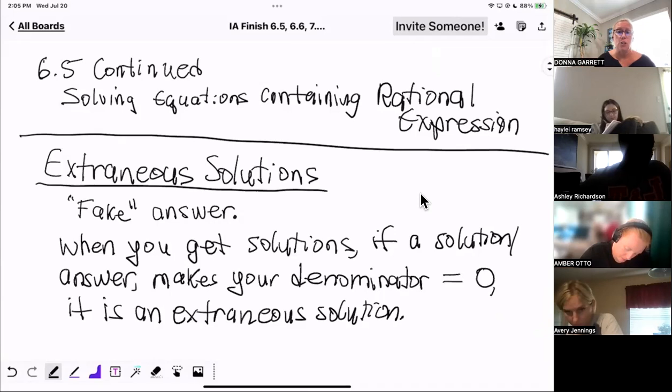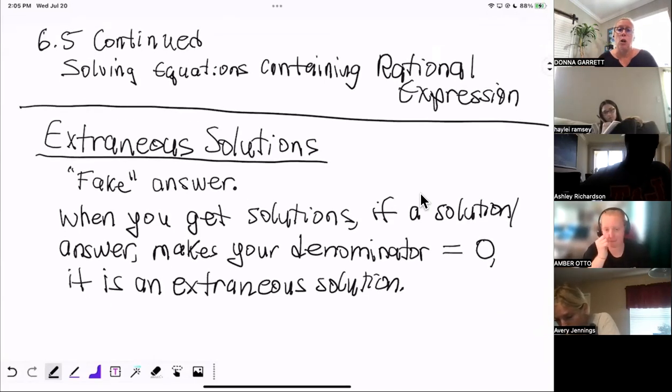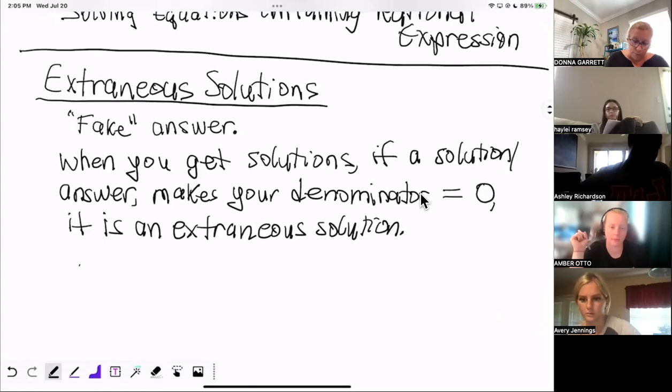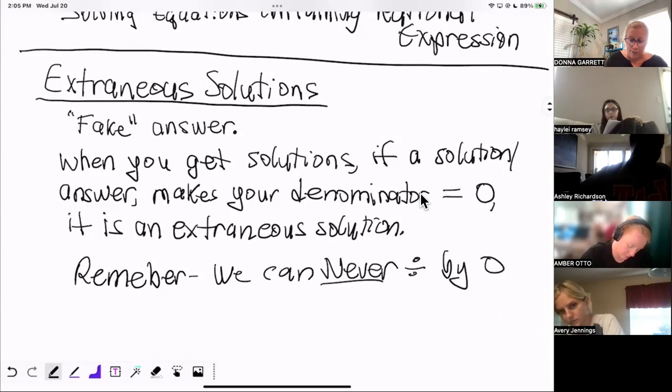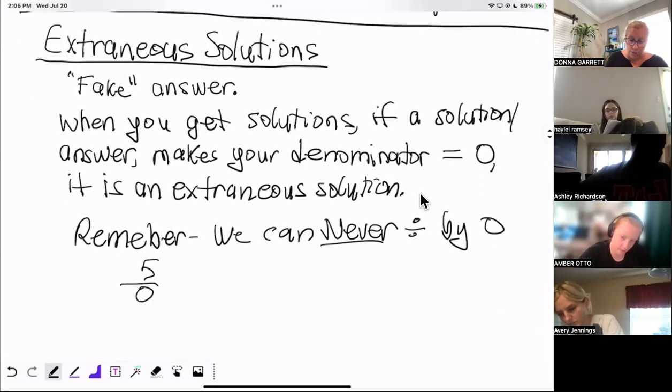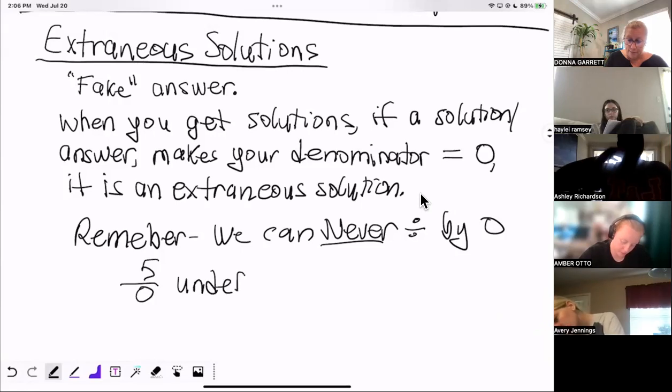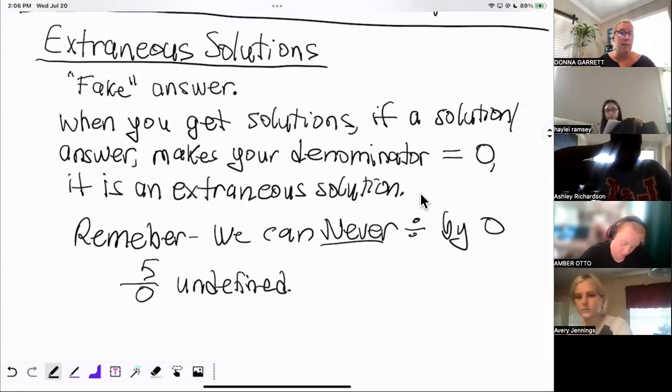You're going to see this in a few minutes. So you get your answers, and you look back up and say, oh, that answer is going to make my denominator 0. It doesn't count. Why? Because remember, we can never divide by 0. If we have something divided by 0, it's undefined. Same thing with these. It's impossible. You cannot divide by 0.